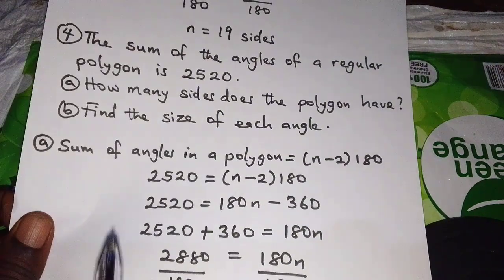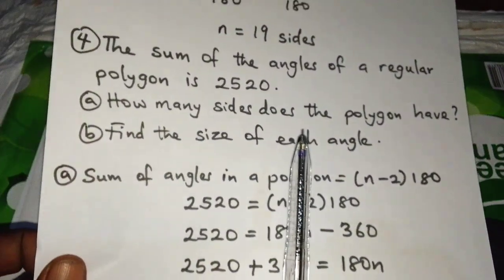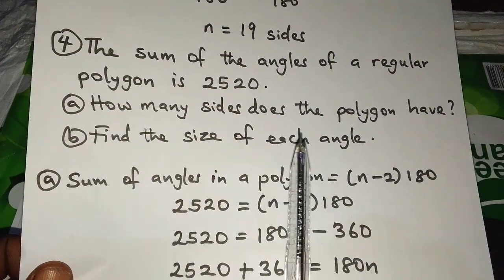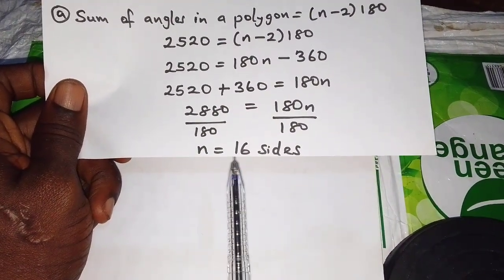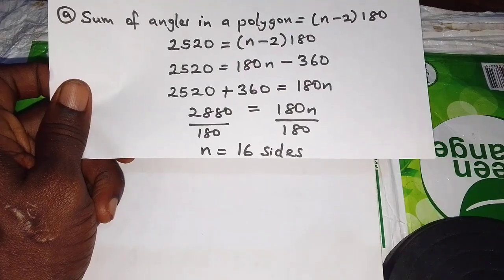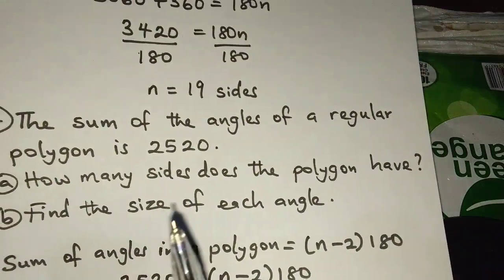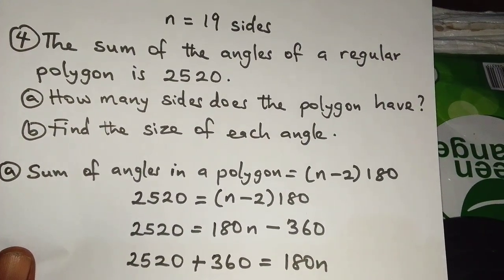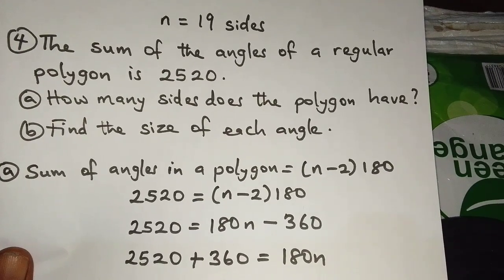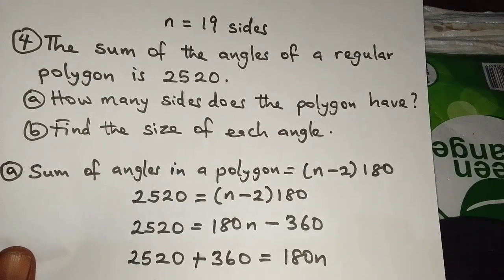Now let's look at the second part of the question, which says find the size of each angle. If the polygon has 16 sides, it will have 16 angles. Because the question says it is a regular polygon, the sides and the angles are equal.